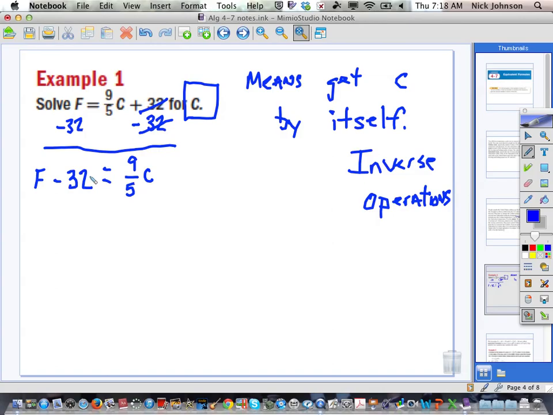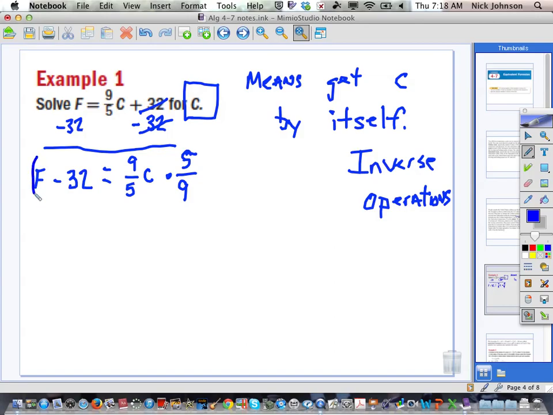So then what do we got to do? Well, we still got to get C by itself. If you remember, Mr. Johnson said whenever you see a fraction, the inverse of multiplying by a fraction is dividing by a fraction, which is the same thing as multiplying by its reciprocal. The reciprocal of 9/5 is 5/9.